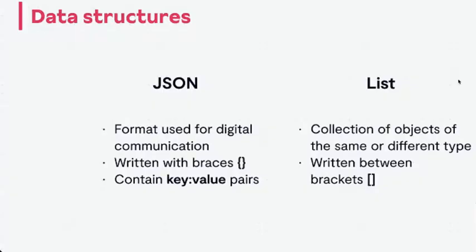They are made up of key value pairs, each one being separated by a comma. Lists are nothing more than a collection of objects. They can be of the same or different type, written between brackets or square braces, also separated by commas.